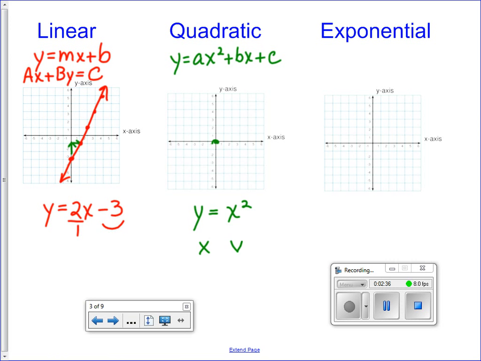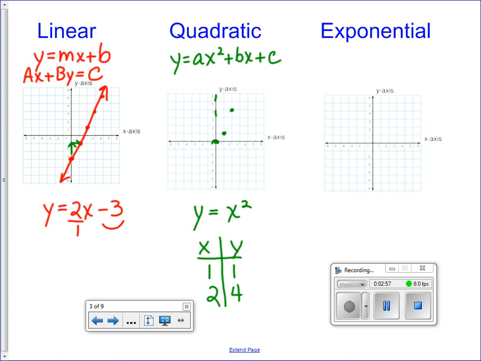We know if we replace x with 1 and substitute 1 in for x in the equation, 1 squared would be 1. 2 squared would be 4. All right, so let's go ahead and graph those points, 1, 1, and 2, 4.